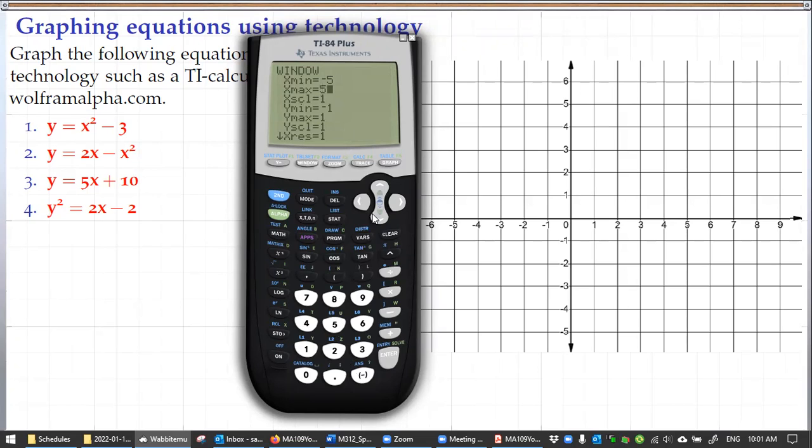For x maximum, let's put 5. Y minimum, let's put -5. These minimum and maximum values, we really need to experiment with a few values and see what gives us the best view of the graph. So for y maximum, let's put 5. Now let's try to graph it. So this is the graph of y equals x squared minus 3.